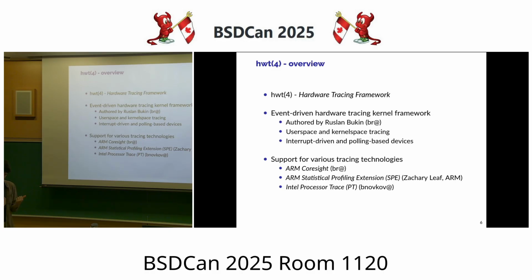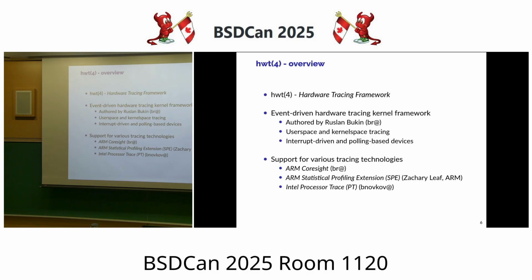So the framework itself is an event-driven framework, meaning that the framework ingests certain events from certain parts of the kernel and forwards those events back to user space so the decoder can function properly, pick up the data, decode it, and so on.